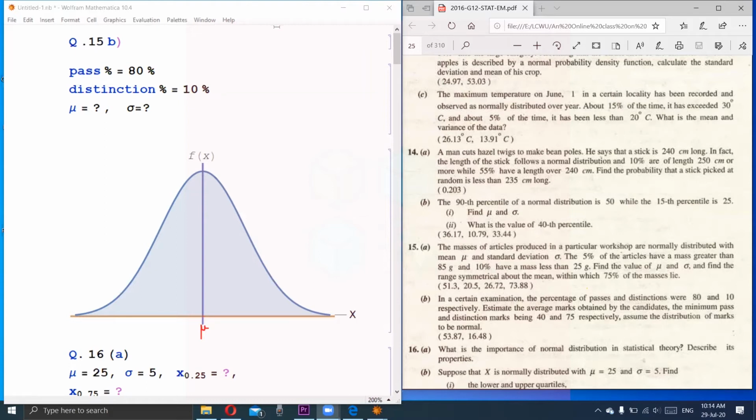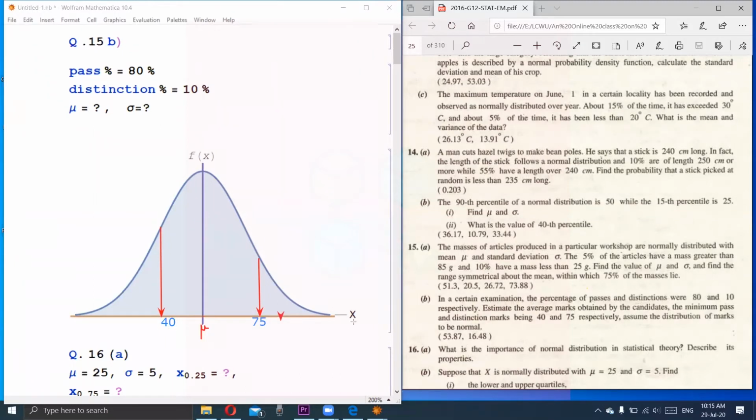So it should be on the left side of mu, above which 80% area lies. And 75 point lies on the right side of the mu, because above which 10% students will lie. So we will write here the 40 the minimum point and 75 the minimum distinction marks.